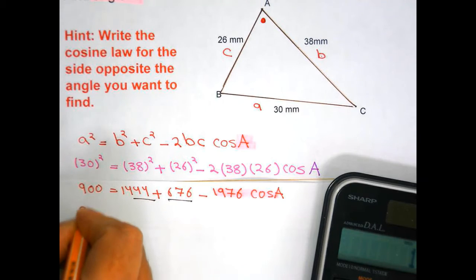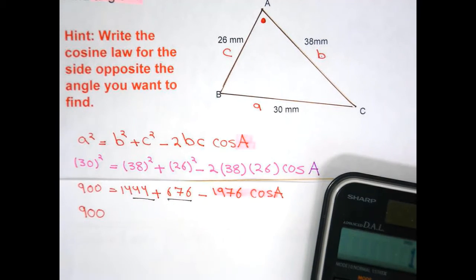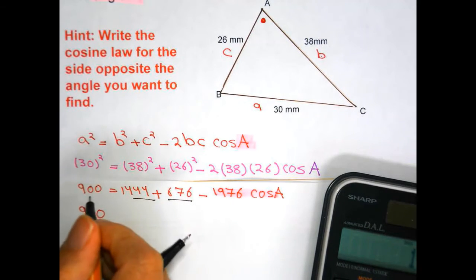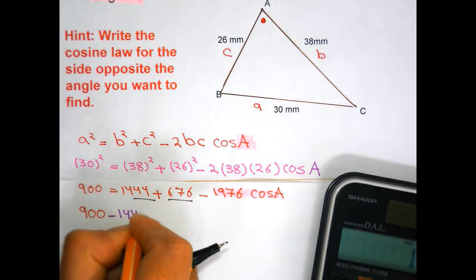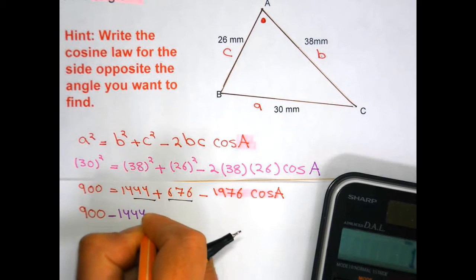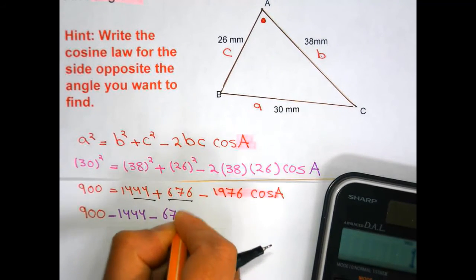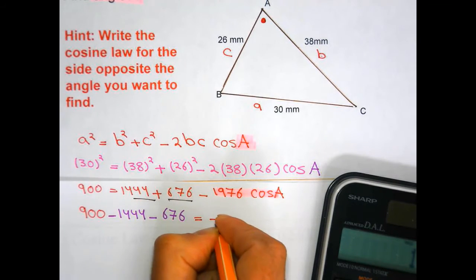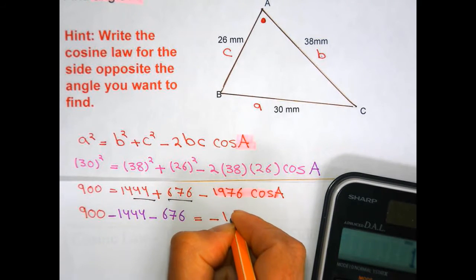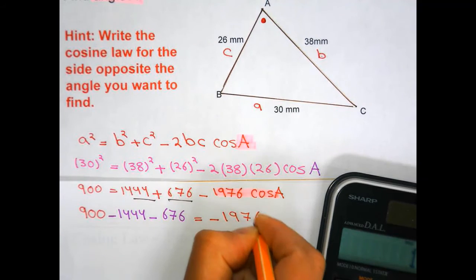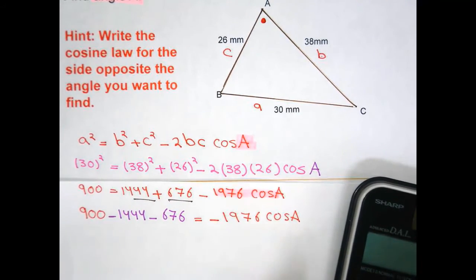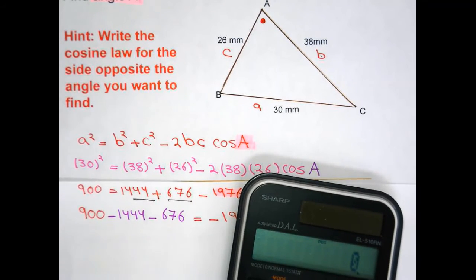So 900 stays the same, but these two, because they go to the other side of the equal sign, take the opposite operation, so you're actually subtracting them, equals negative 1976 cosine A.